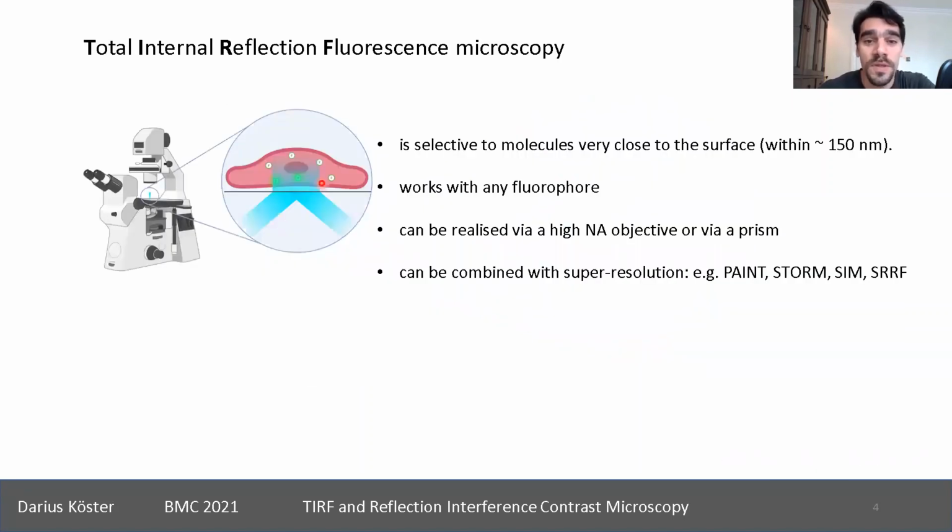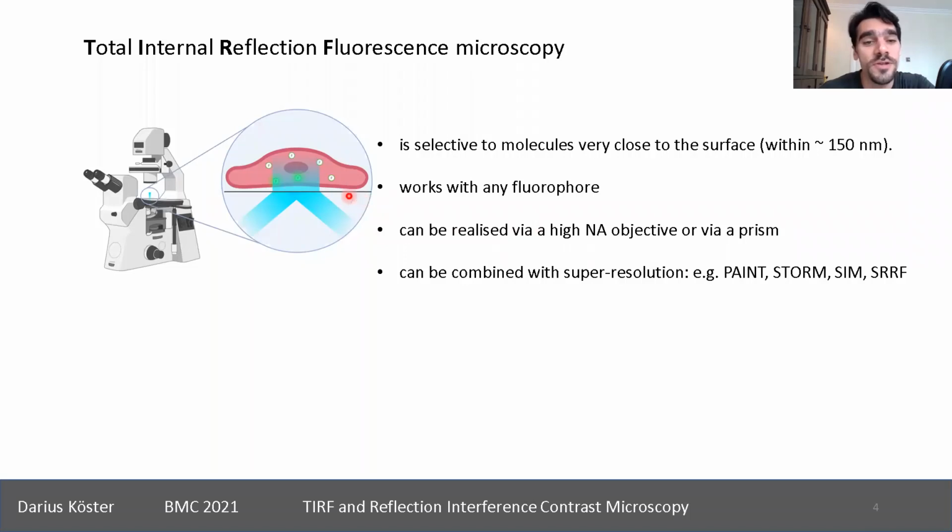Just to summarize why or when TIRF, total internal reflection fluorescence microscopy, is a good option: as I mentioned, it's very selective to the molecules that are close to the surface. It's also very versatile, with no limit on which fluorophores you can use. There are different ways to realize it. The typical way I do it is via a high numerical aperture objective.